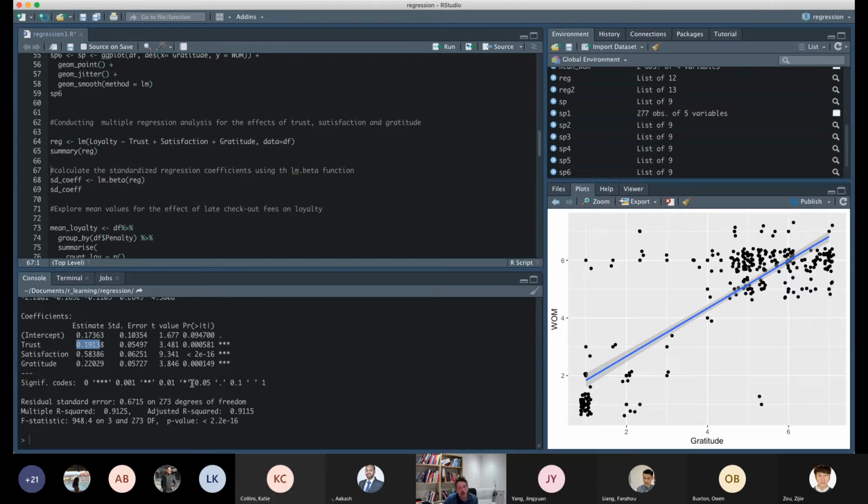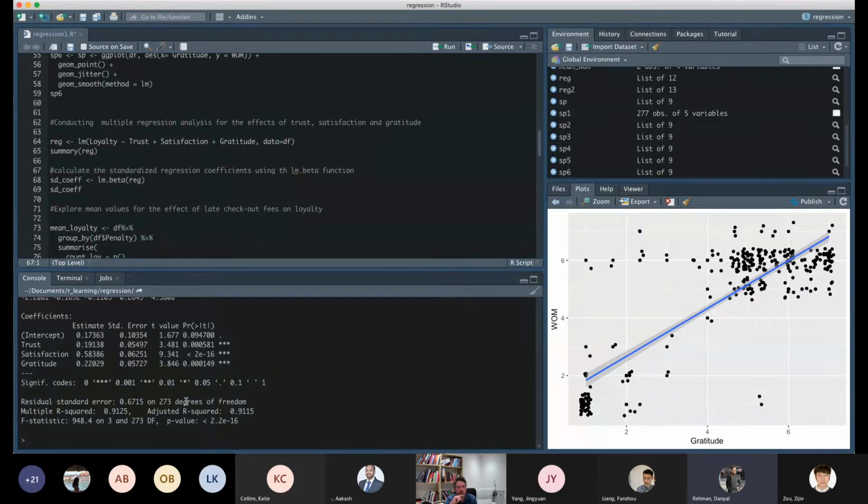And we also know how much loyalty changes when customers' trust in our hotel changes. So if trust goes up by 1 unit on our 7-point Likert scale, so let's assume the customer is on level 5, and it goes up by 1 to level 6, what happens with loyalty? Increase by 0.19?